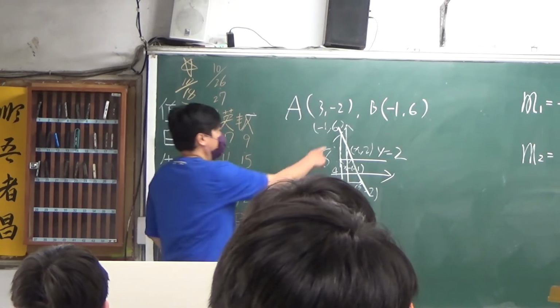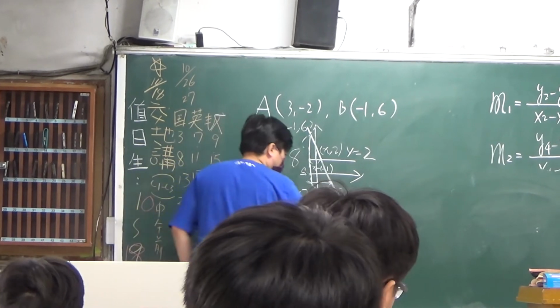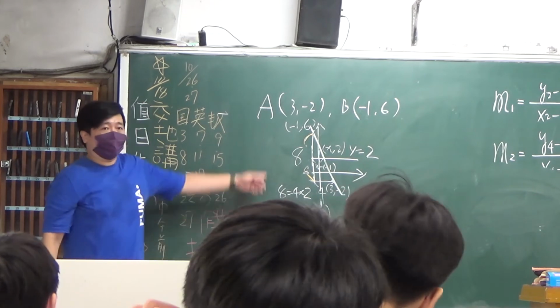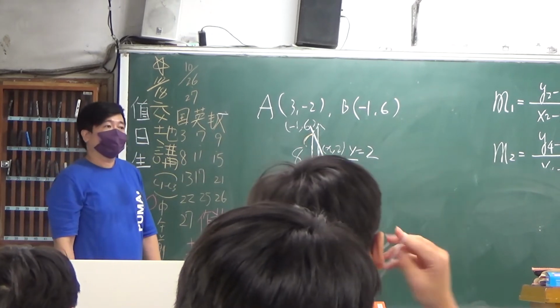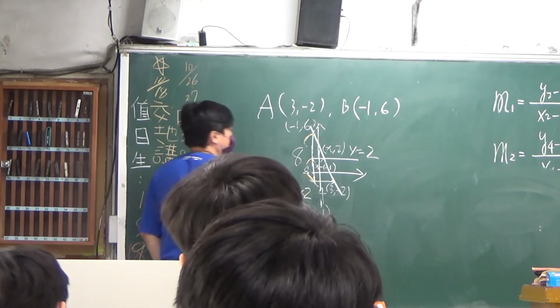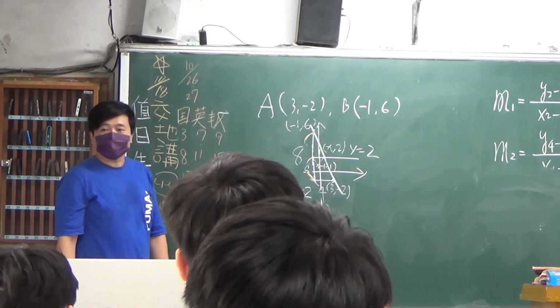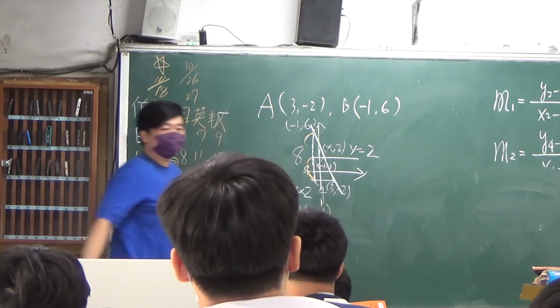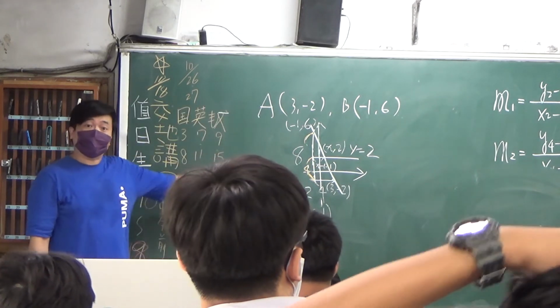You can see this side is 8, right? And this is how much? This is 4, right? Why is this 4?